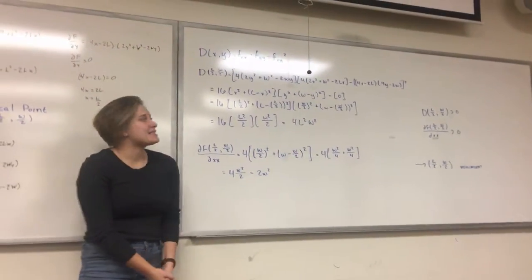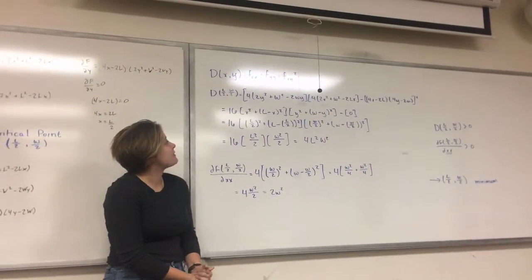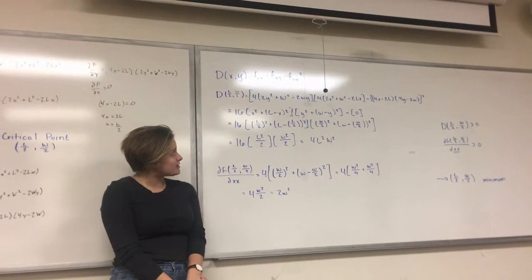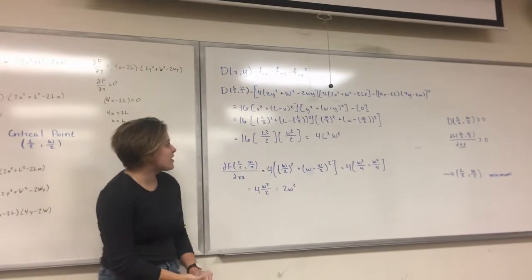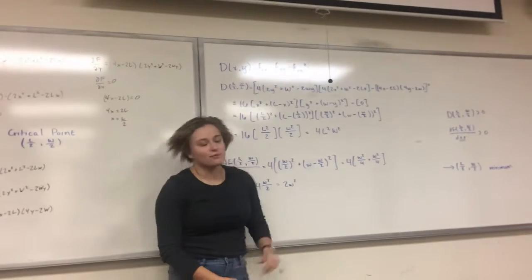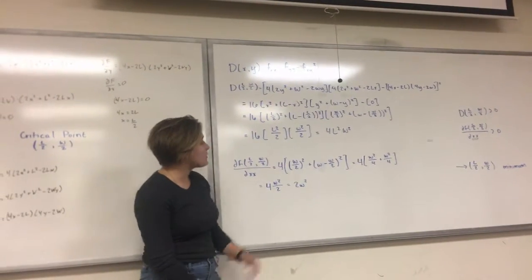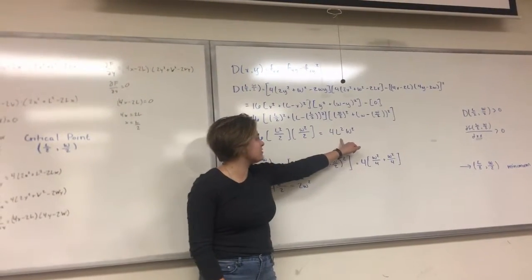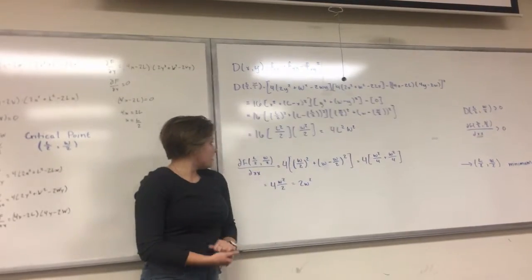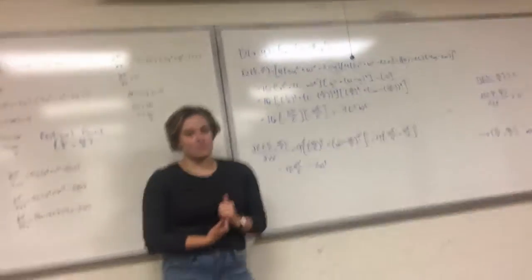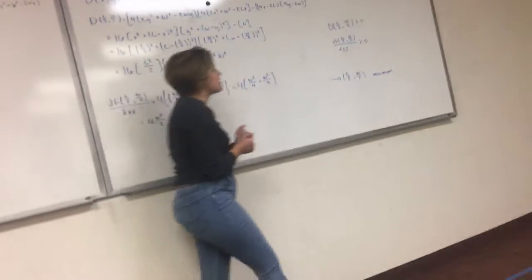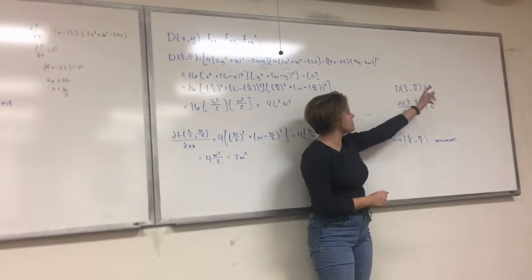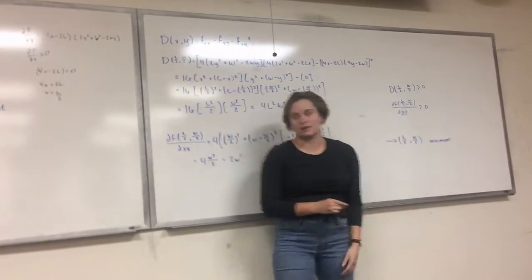You do the partial xx times the partial yy minus the partial xy squared. We plugged all of that into this really long expression, and it simplified down to 4L squared times W squared. Because L and W can never equal 0, the determinant D is greater than 0.